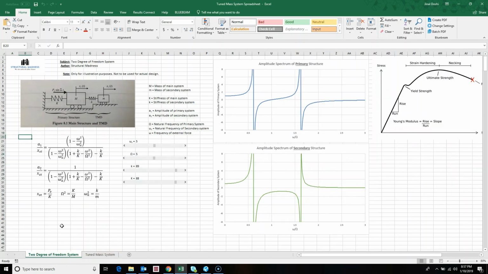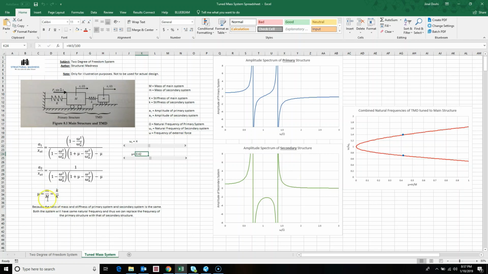Now if we go back and look at the equation that describes the natural frequency of the system, it's the square root of K over M. Because they are both ratioed the same over here, I can safely say that the tuned mass damper is resonating with the primary structure, correct?